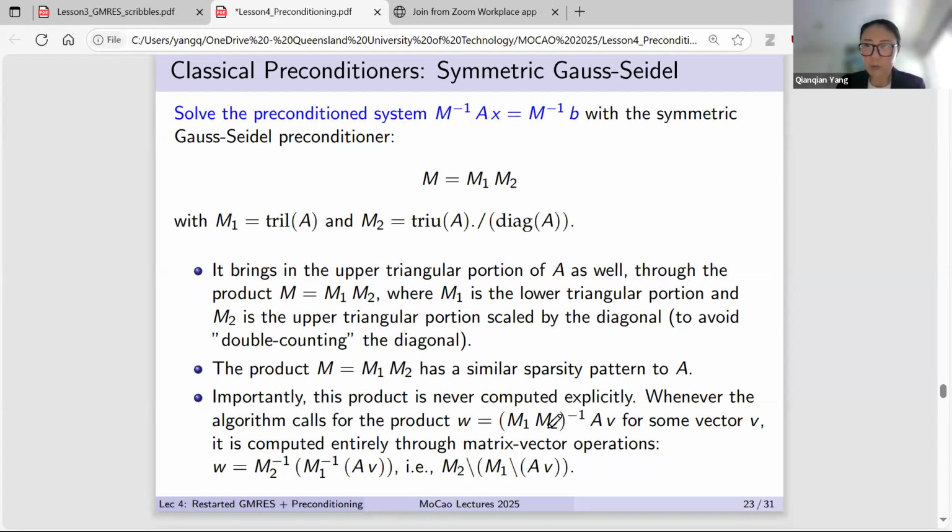Instead of forming M1 times M2 and computing its inverse, we never do that. All we do is compute A times v first, which becomes a vector, then M1 backslash that, and then backslash it again with M2. So it's always matrix-vector operations. We never form M inverse A or M1 times M2 explicitly. That would be expensive.